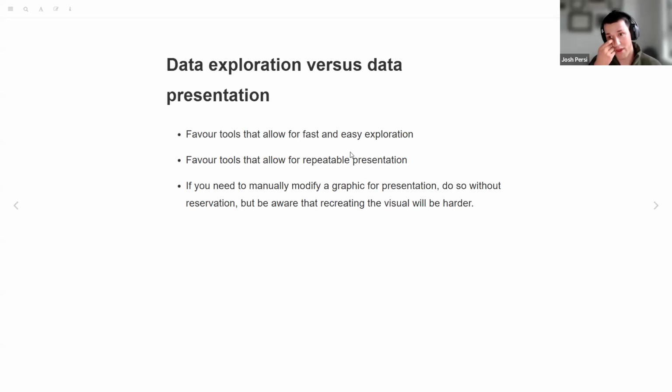You'll have a hard time implementing that because of the tool's inclination towards the data presentation side of things. So you want a tool, ideally, if you are designing one in your head, that has strong capabilities for data exploration and data presentation. I think this is, again, something that R and Python are well suited to.